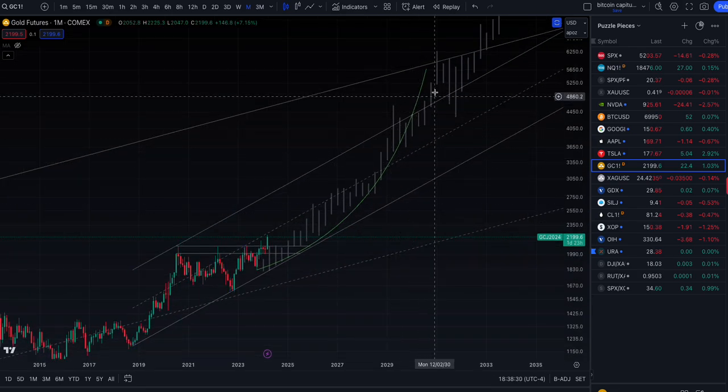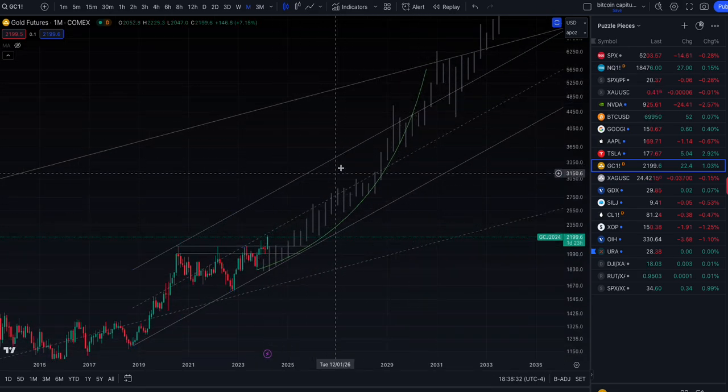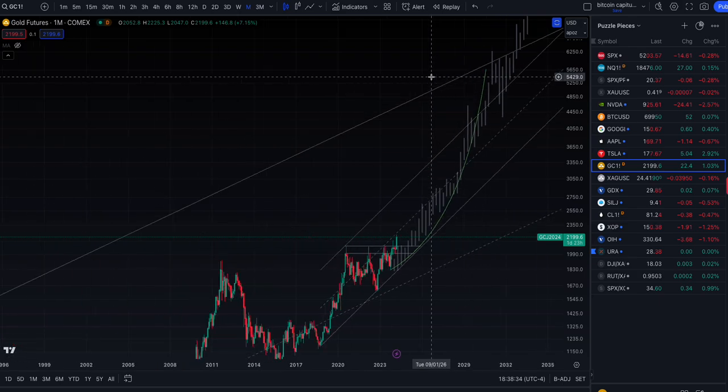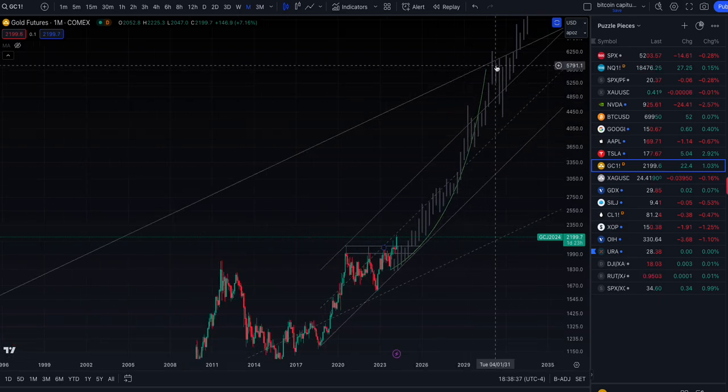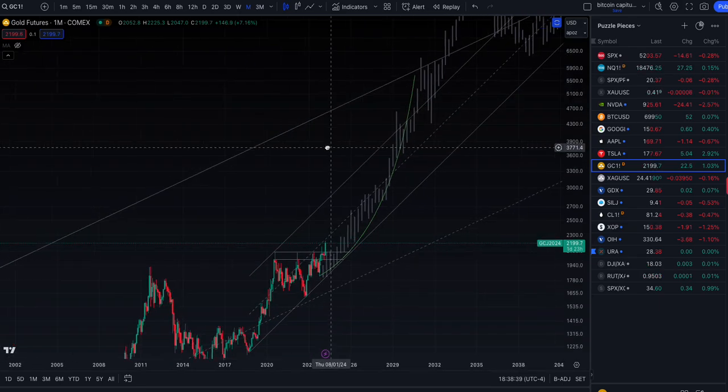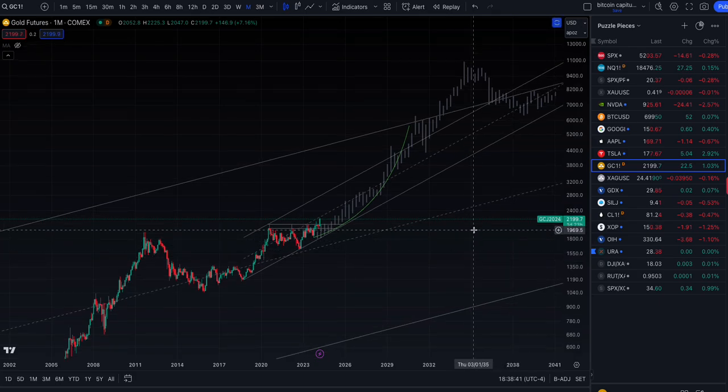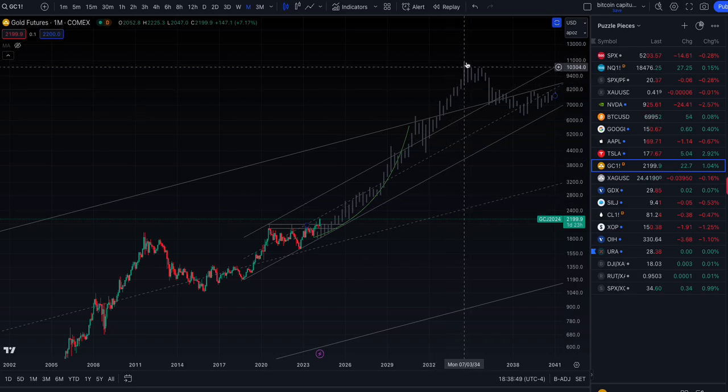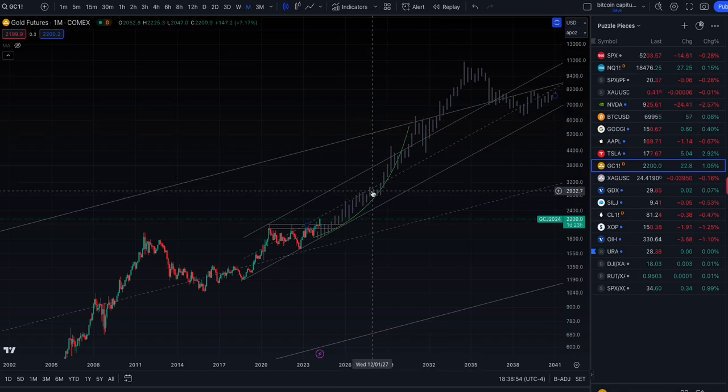Here's my projection for the rest of the decade and beyond. So I would say this will likely outperform the S&P 500. And if it gets to the upwards of this channel, $6,000 gold, I would say it's a very conservative price projection in terms of what I'm reading online, what I'm seeing on YouTube, other analysts that I follow. People could say it could go to 12,000 or beyond, or maybe it's just 3,000.